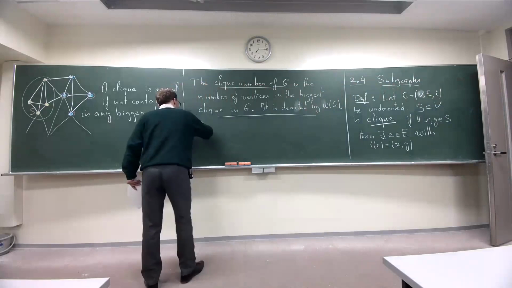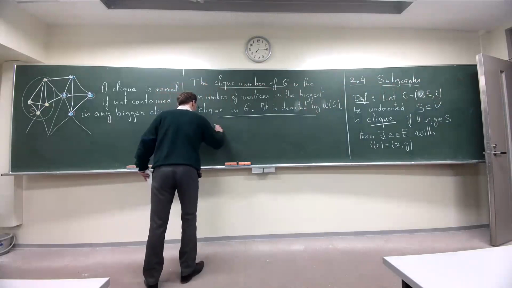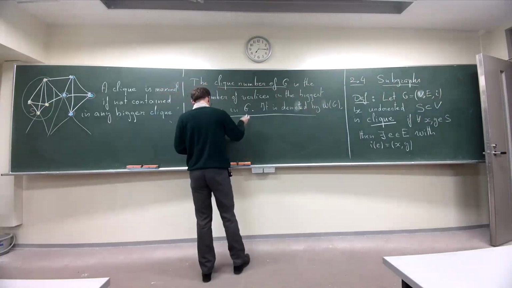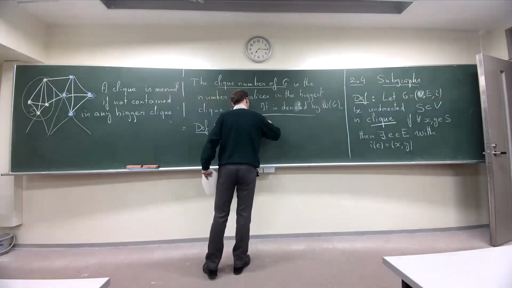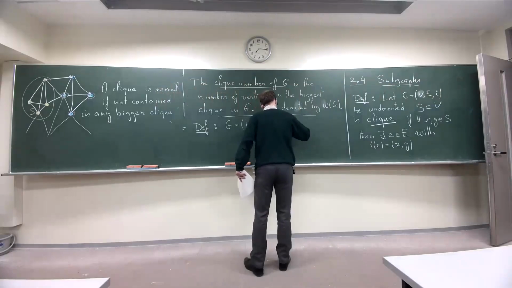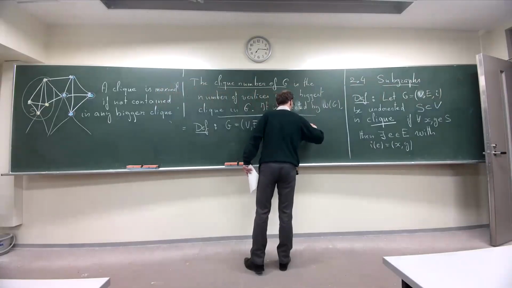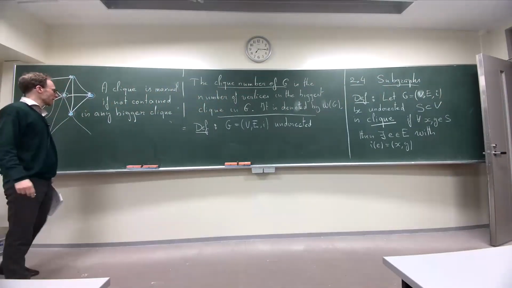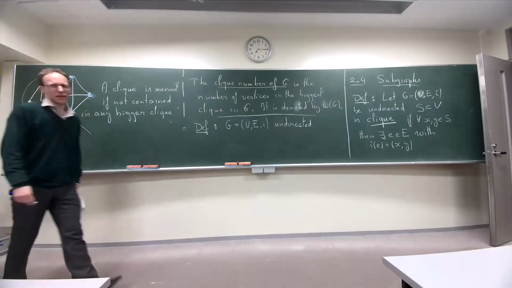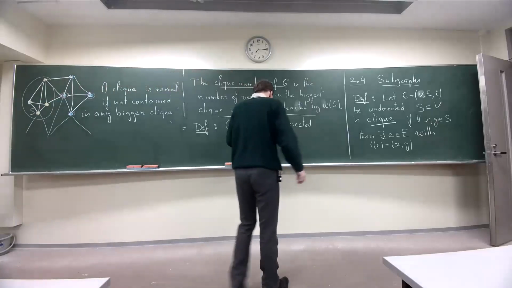Now, what is a kind of opposite definition? Still G, which is (V, E, i), undirected. These two definitions, you can probably extend them for directed graphs, but it's less natural. You can still do it if necessary.